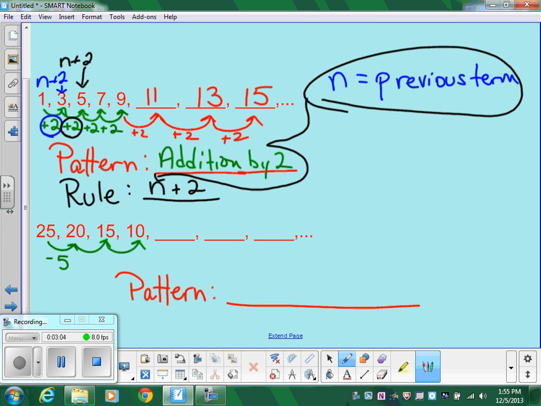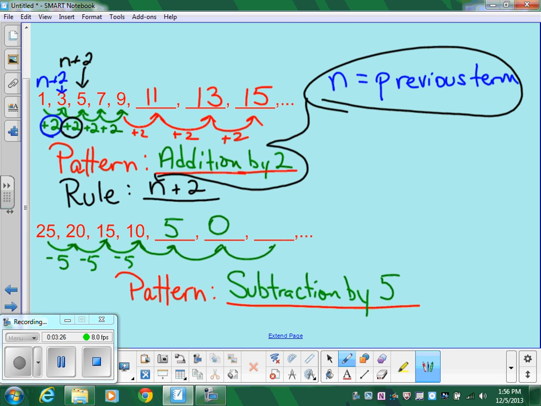To go from 20 to 15, once again, subtracting 5. 15 to 10, subtracting 5. Meaning our pattern is subtraction of 5. Which means our very next term would be 5, followed by 0, followed by negative 5.